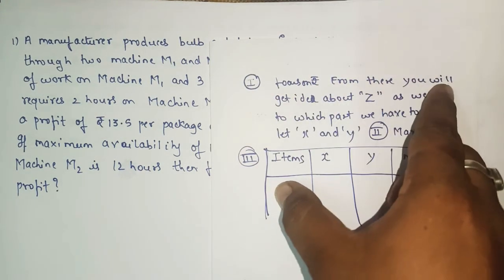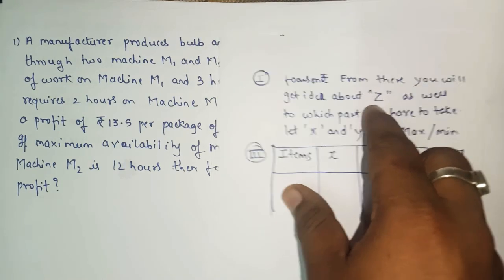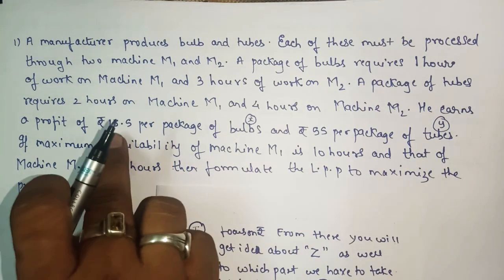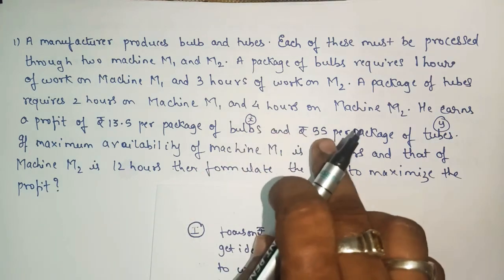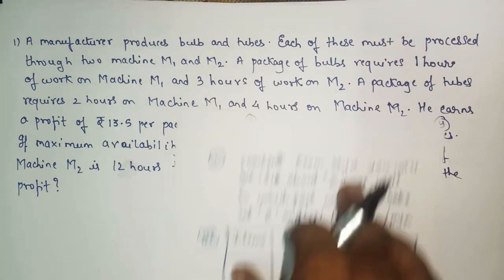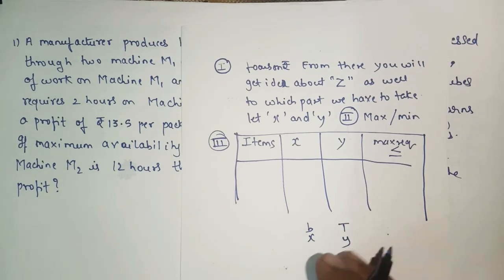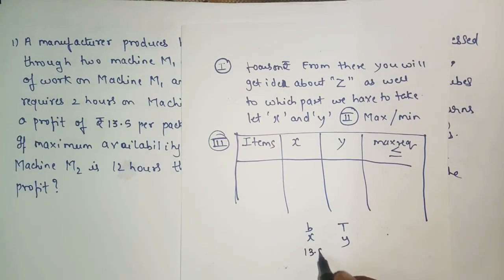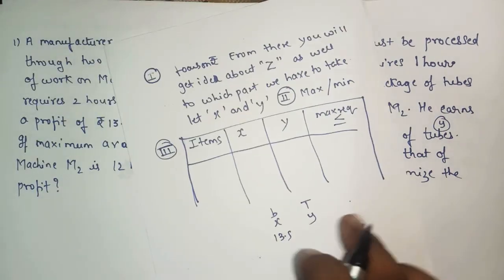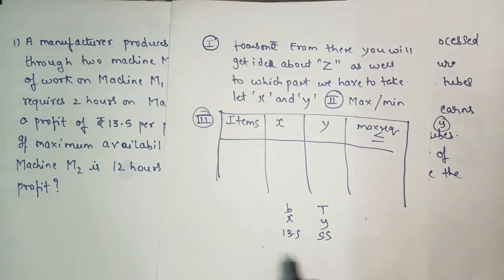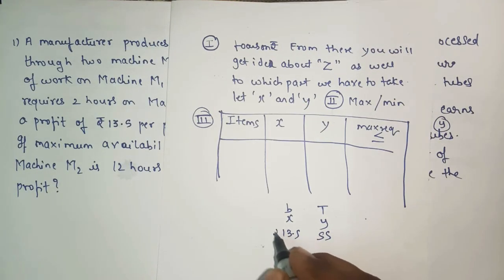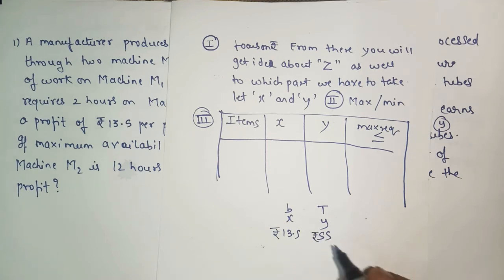Okay, so you have to follow these three steps. Focus on the rupees. From there you will get the idea about Z. Here we have 13.5 for bulb, 55 per package of tube. So bulb we take X, tube we take Y. So bulb is 13.5 rupees and tube is 55 rupees.